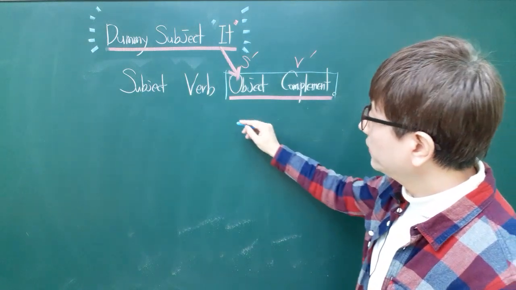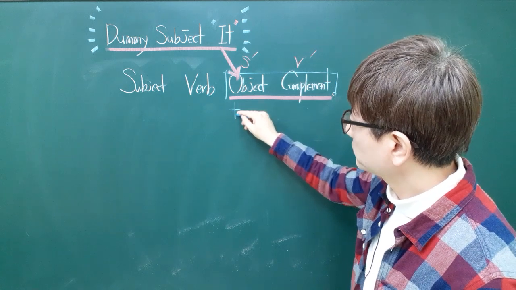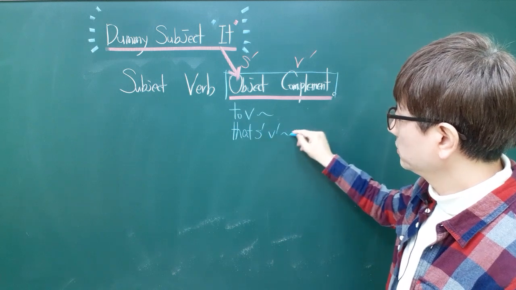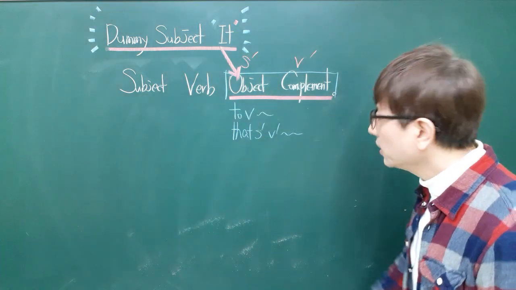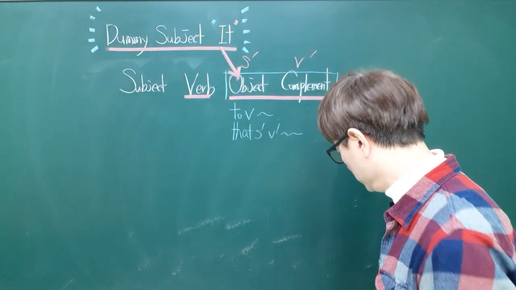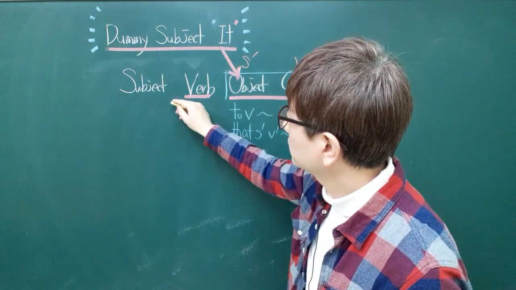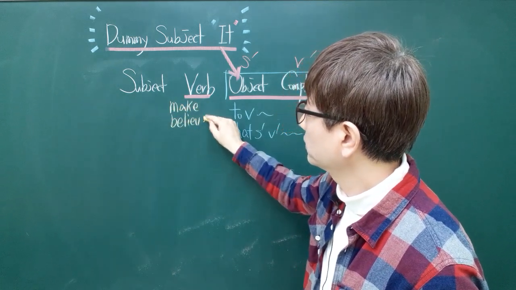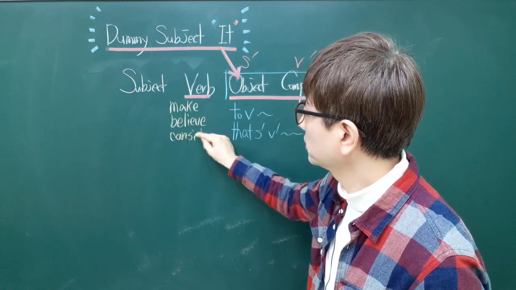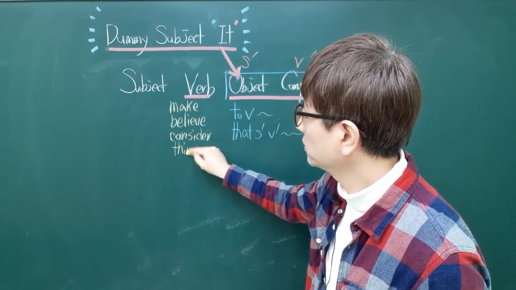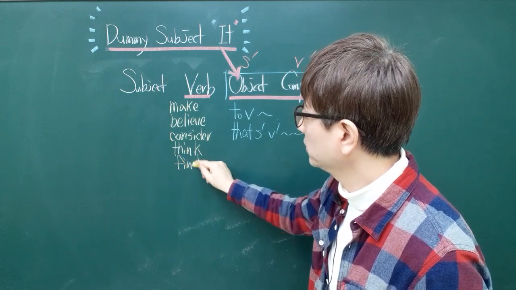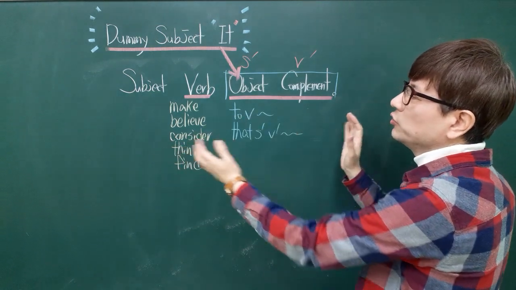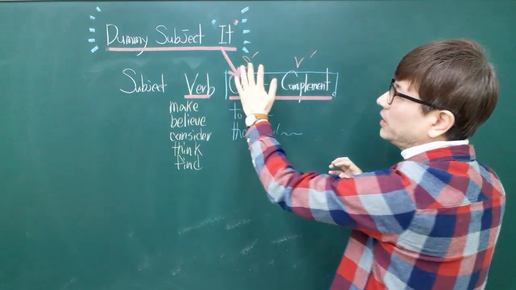When we have infinitive and conjunction that as object, and we have make, believe, consider, think, find as a verb, in this kind of sentence pattern, you have to use dummy subject it.